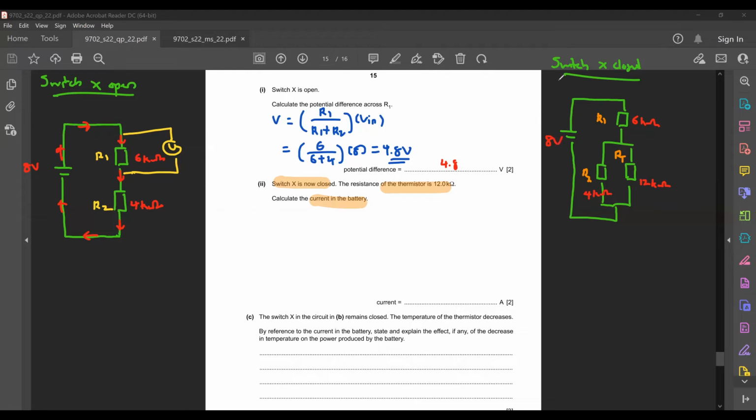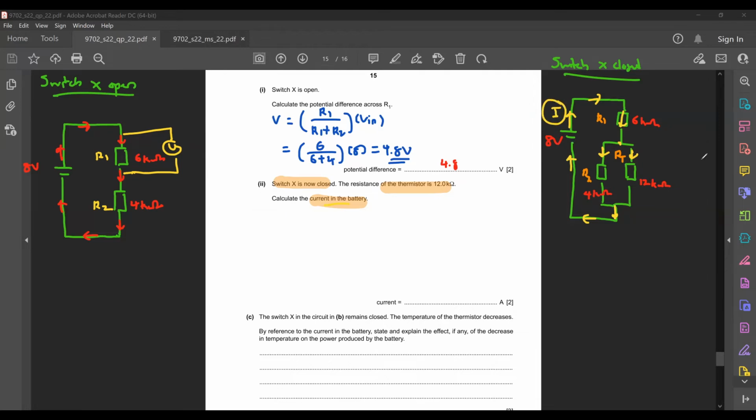They want the current in the battery. If current comes out of the battery, it flows like this. It will split up at this junction before combining back and returning to the battery. So the current in the battery refers to this one.